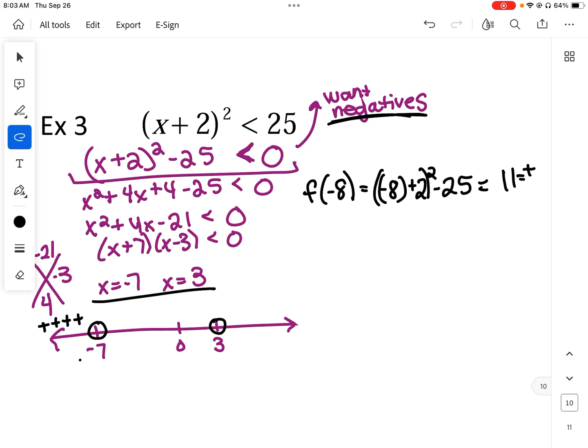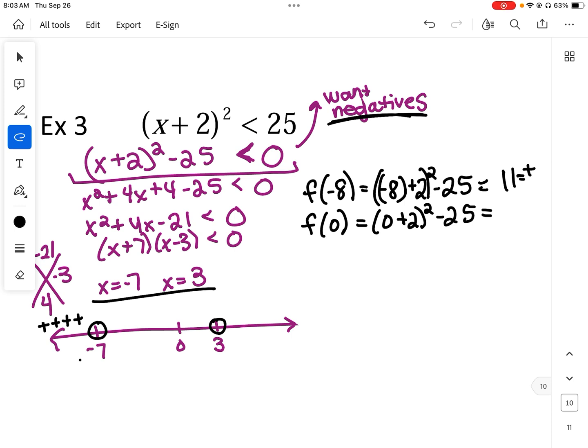All right, let's test in between -7 and 3. According to what we learned a minute ago, it's going to alternate. It's not always true, but usually it is. So let's do 0. So it'd be 2 squared minus 25, right?